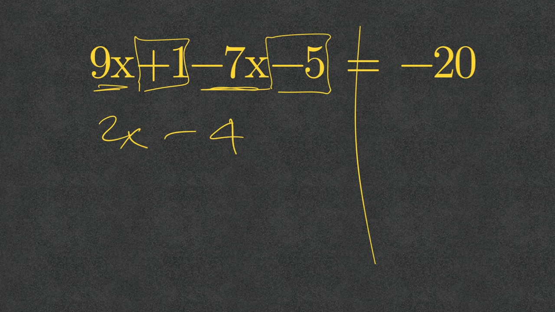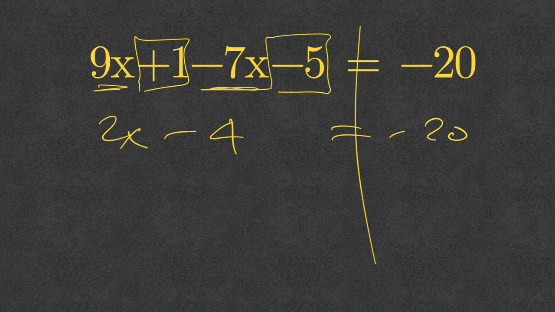Negative 5 plus 1, or 1 minus 5, is negative 4, equals negative 20. No distribution. On the left side, we combined like terms. We have made the left side of this equation as simple as I can for now. Is everybody okay with where this is going so far? Everybody good?